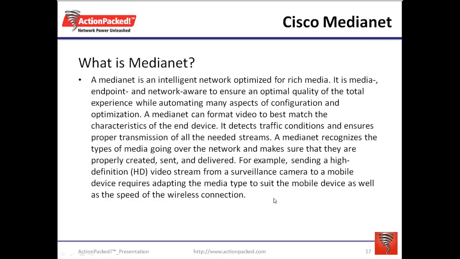One of the examples, guys, the best way of putting this is that it's adaptive. For example, sending a high-definition video stream from a surveillance camera to a mobile device requires adapting the media type to suit the mobile device as well as the speed of the wireless connection. So Cisco's come up with a new set of standards and best practices on how to optimize media in our networks today.